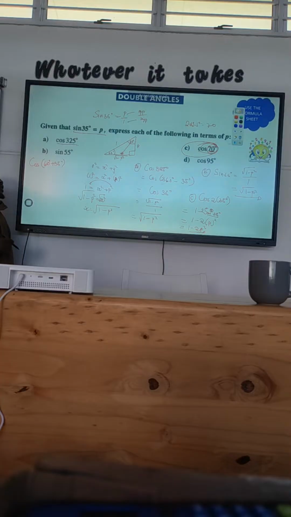So our answer will be, because there's a special angle, the cos of 60. From the formula sheet, cos of 35 is a plus, the sign will change.